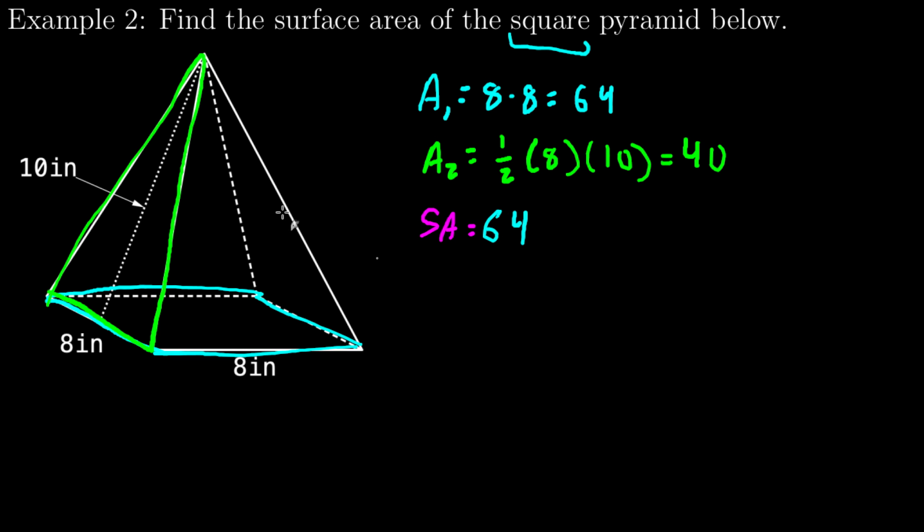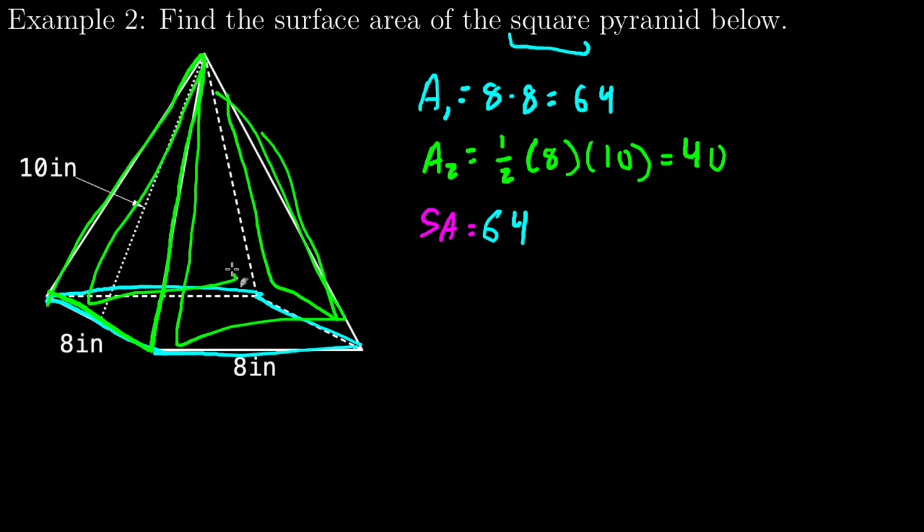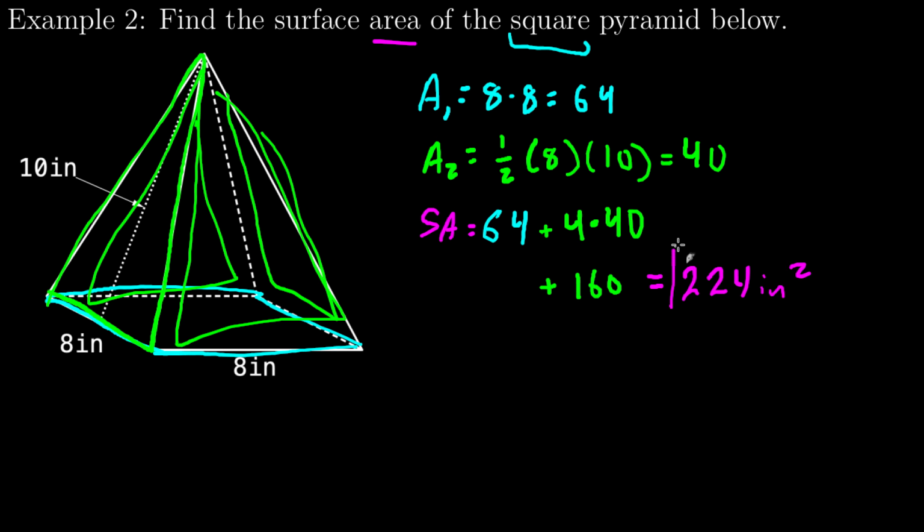However, there are 1, 2, 3, 4 triangles, left, front, right, and back, so I will do 4 times this area. 4 times 40 is 160. 64 plus 160 gives me 224, and then the units, since it is an area, are inches squared.